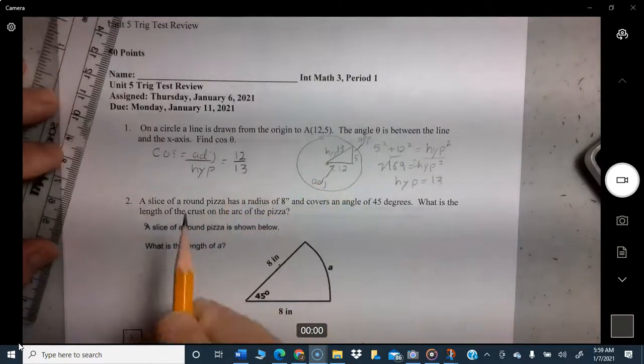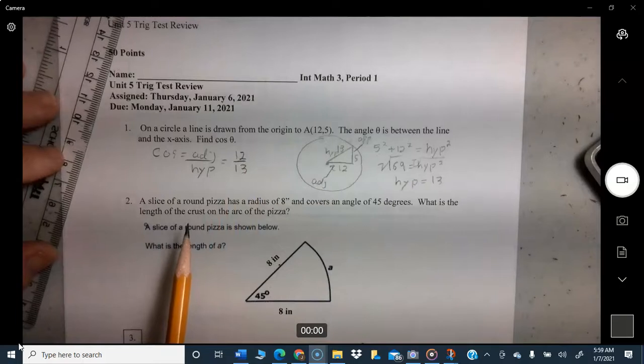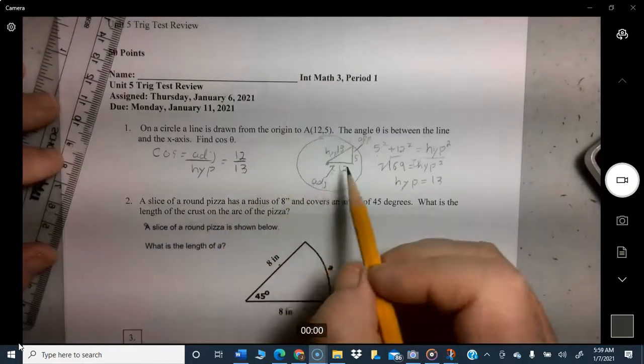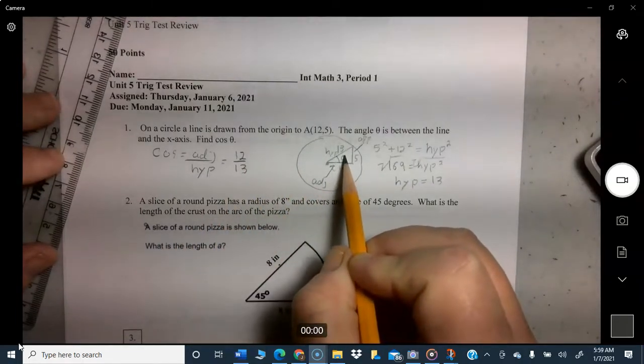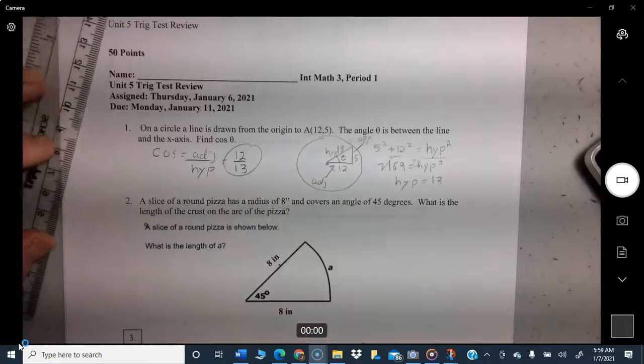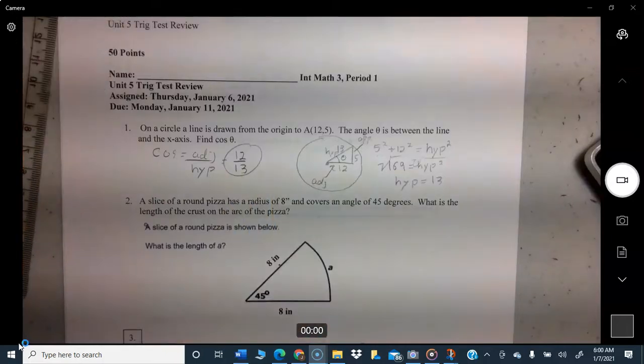And that's your answer. There's no need to go to your calculator and divide 12 by 13, okay? So the cosine of this angle theta, which is what we were looking for, is 12 over 13. That's your final answer, the adjacent 12 over the hypotenuse.